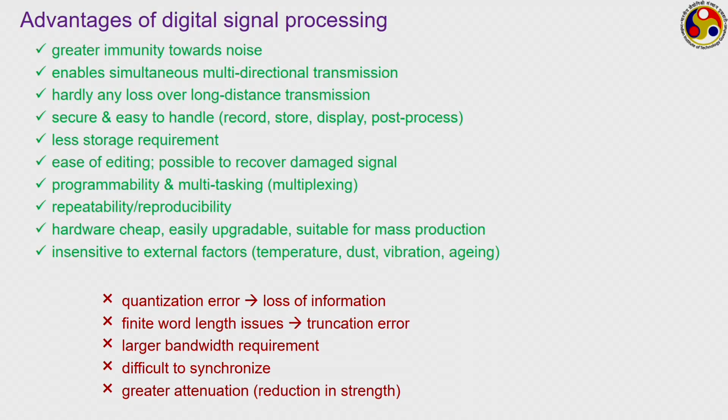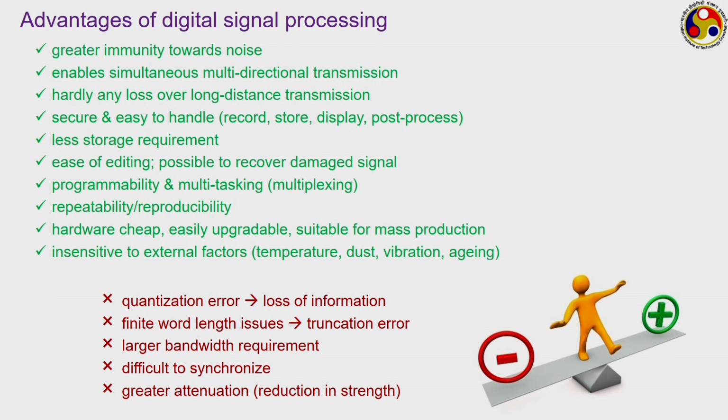And greater attenuation leading to reduction in the signal strength. But despite such disadvantages, there are ways we can overcome them, and the weight of the advantages is much more compared to the disadvantages, forcing the world and inventors to move towards the digital side.